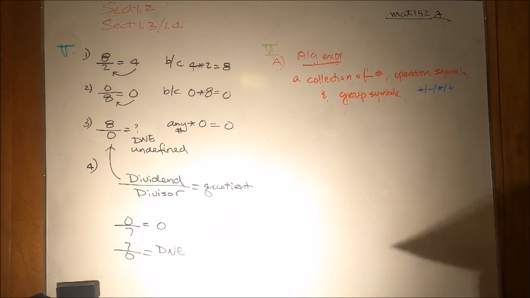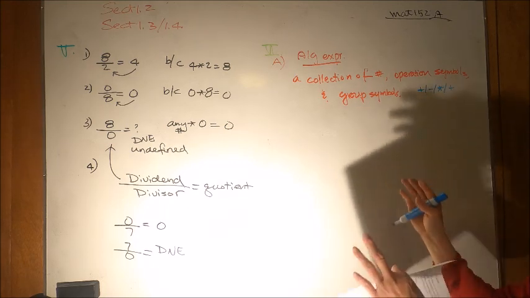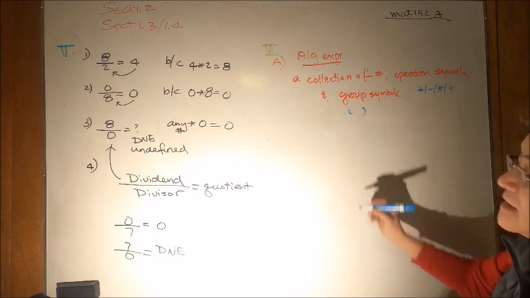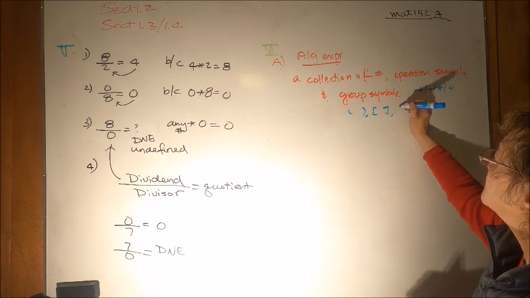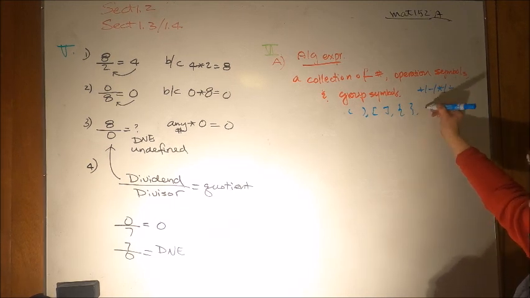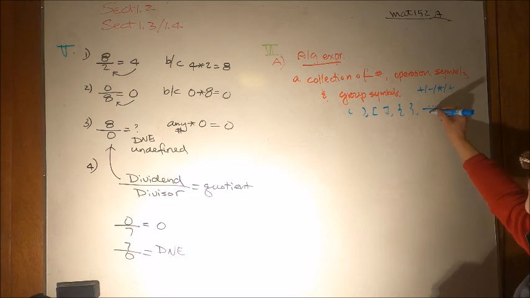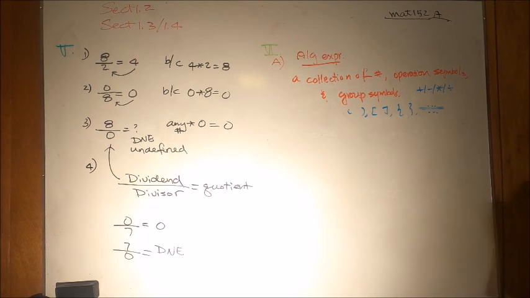What kind of things do we call group symbols? We put a group together, like parentheses, which mean they group together, or brackets, or curly brackets, or even fractions. The dividing symbol means what? It splits top and bottom into different groups, right?